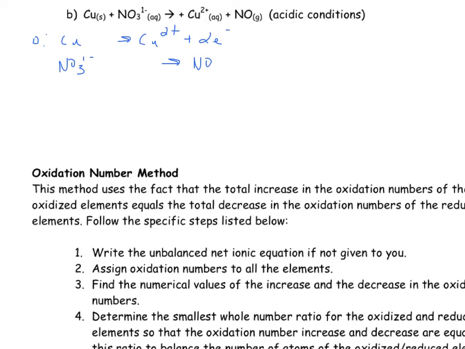Now I need to use acidic conditions to balance this. I have 1 nitrogen on each side. In order to balance the oxygens, I need to add 2 waters as products and 4 H pluses to balance my hydrogens. To balance the charges, I need to add 3 electrons on the left side.